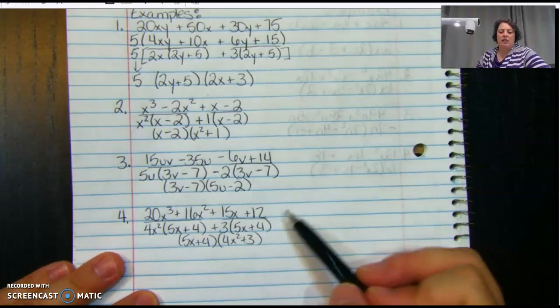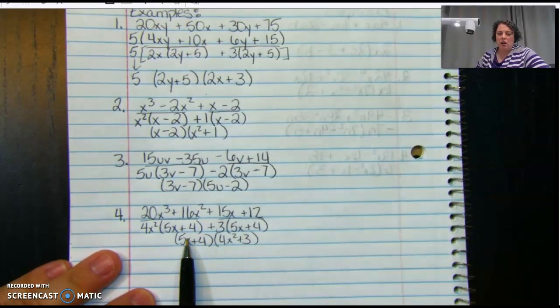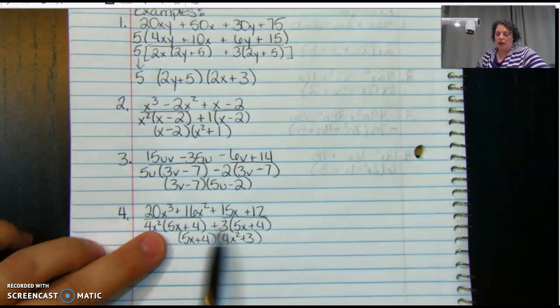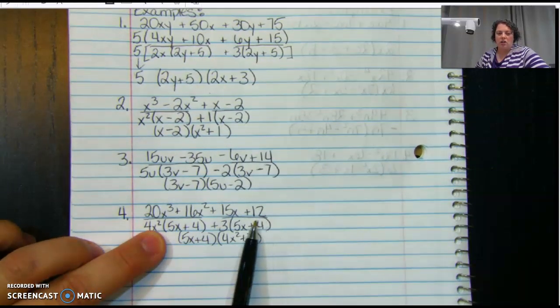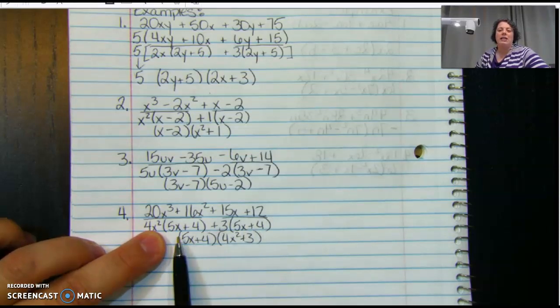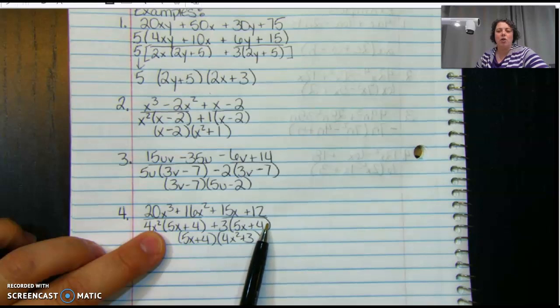Now, one of the things I sometimes see students do is they know that this parenthesis should match this one, so instead of actually dividing, they just write the same thing twice. Well, you need to be careful, because if you have any sign issues, doing the math here and doing the math here will help you make sure that you get them right.